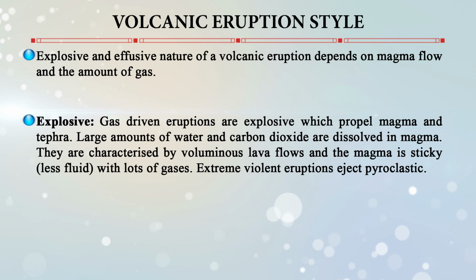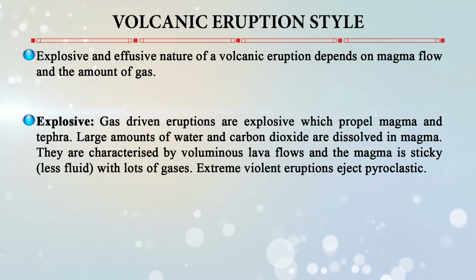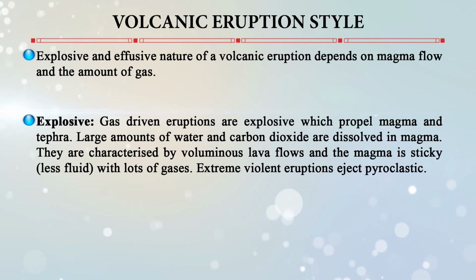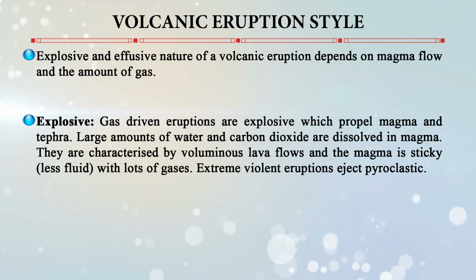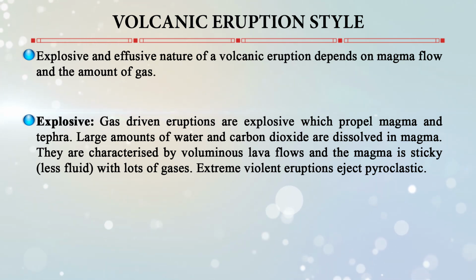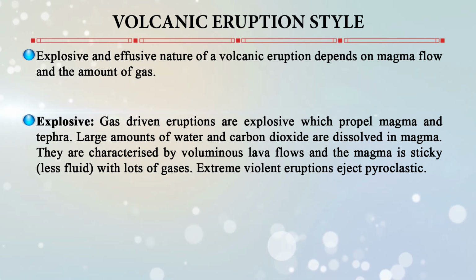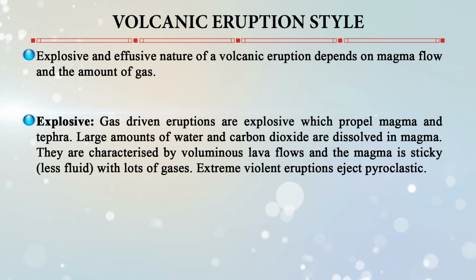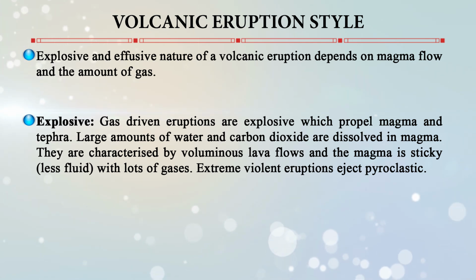Large amounts of water and carbon dioxide are dissolved in the magma. They are characterized by voluminous lava flow and the magma is sticky, that is less fluid with lot of gases. Extreme violent eruptions eject pyroclastic materials. So you can see explosive style has large amount of water and gases dissolved.